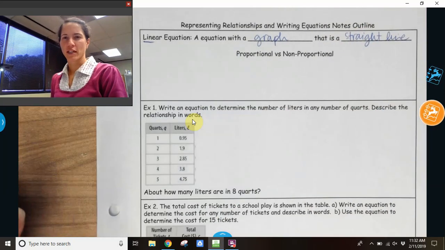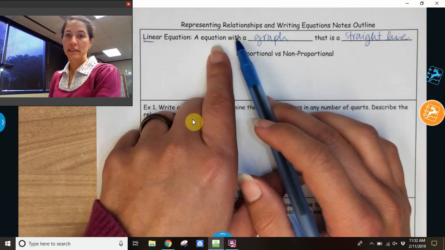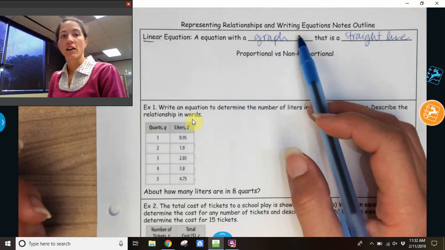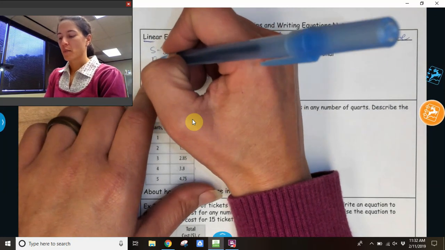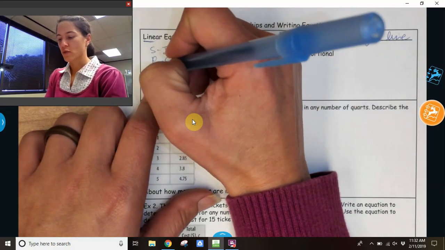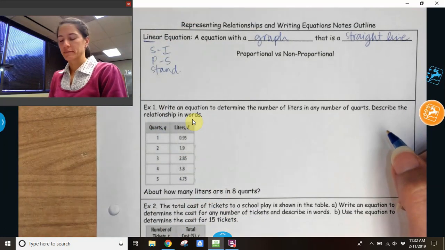I didn't know if I was defining proportional or non-proportional here, but an equation with a graph that's a straight line, that's a linear equation. And there are different types of linear equations. We've talked about slope-intercept, point-slope, standard form. And those are all types of equations that are linear.